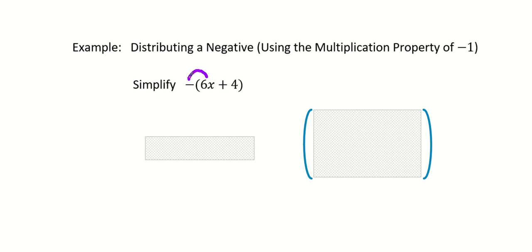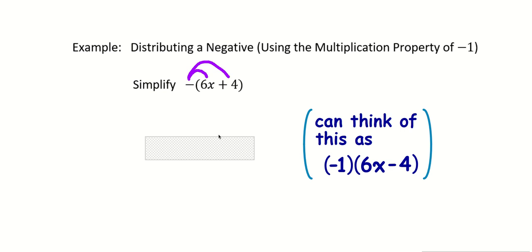So when we do -1 times 6x, that becomes -6x. And then when we do -1 times +4, it becomes -4. So now it says -6x minus 4.